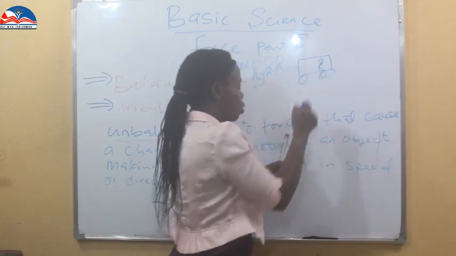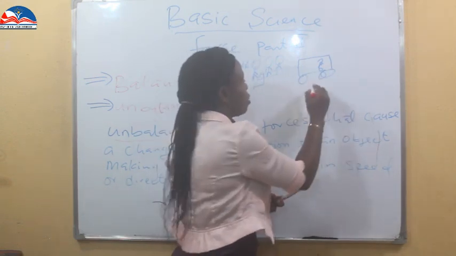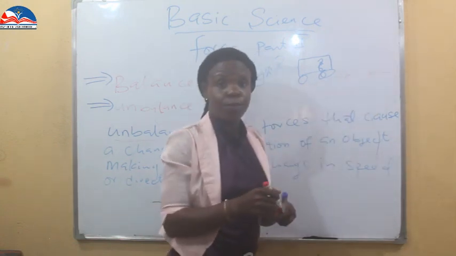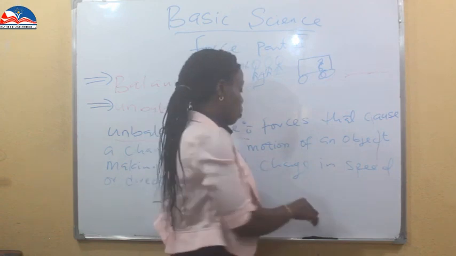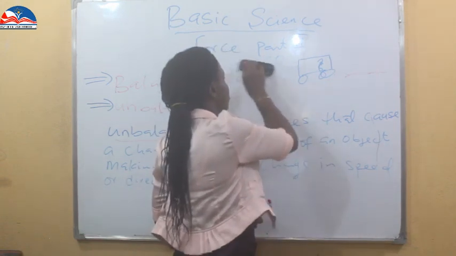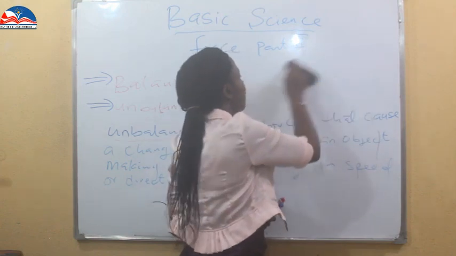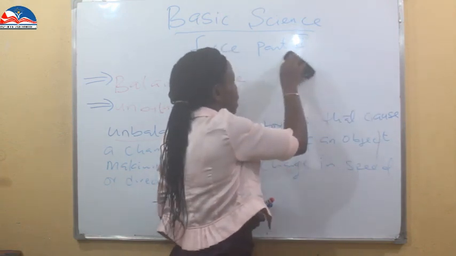This car is going to move. The car will be in motion. That is unbalanced force. So we have seen what balanced and unbalanced force is.